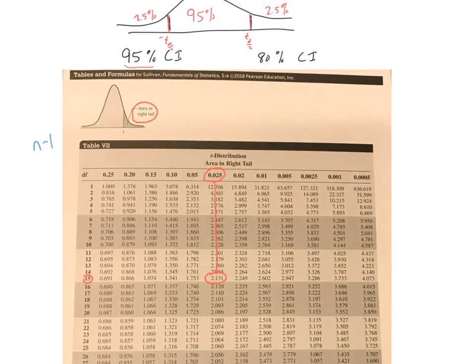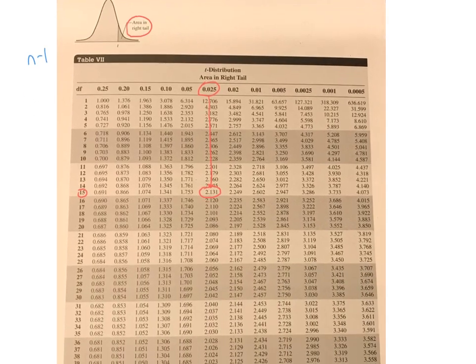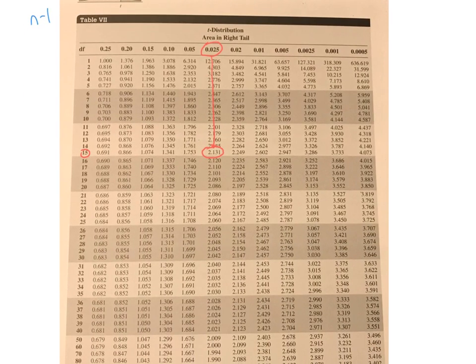Let's do it for my second example at the top. If I have an 80% confidence interval, that means 80% is between these two t-scores. That would leave 10% for the bottom half and 10% for the top half. So on my t-table, I would go down to my degrees of freedom.